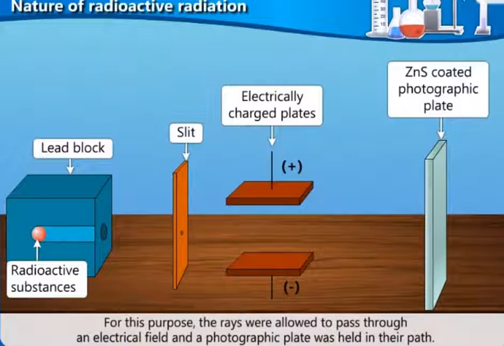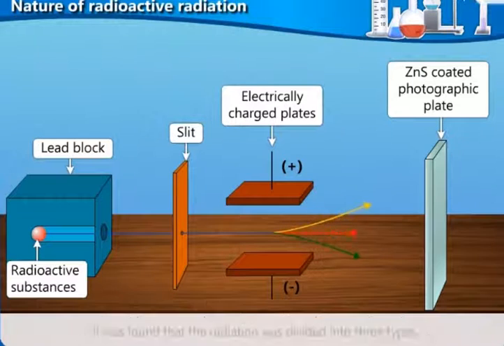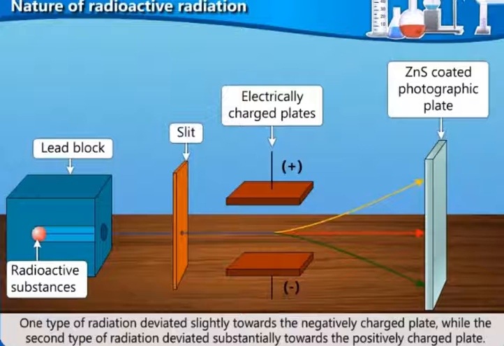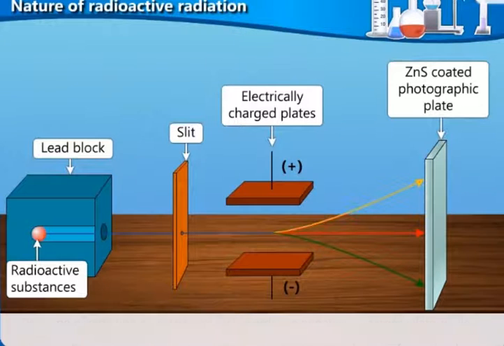For this purpose, the rays were allowed to pass through an electrical field and a photographic plate was held in their path. It was found that the radiation was divided into 3 types. One type of radiation deviated slightly towards the negatively charged plate, while the second type deviated substantially towards the positive charged plate.